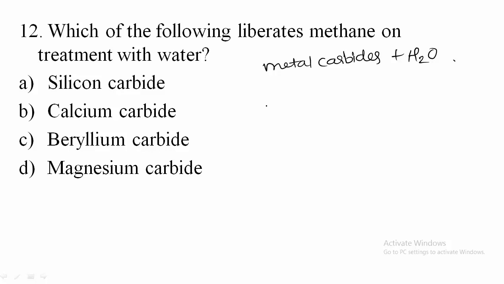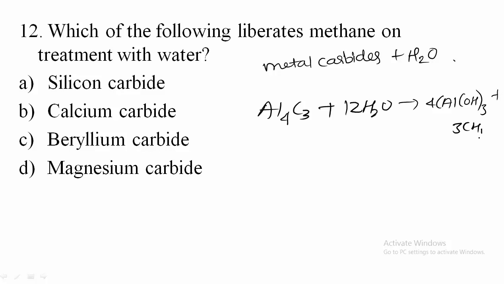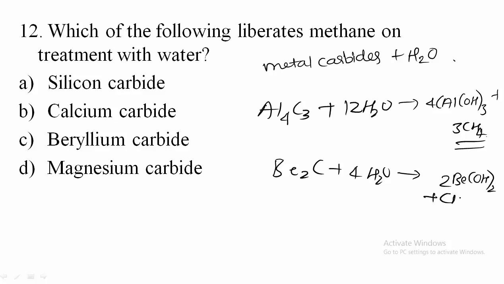So one is when aluminum carbide reacts with water, then it will form aluminum hydroxide along with CH4. Methane will be obtained. And another one is beryllium carbide. Upon hydrolysis, we will get beryllium hydroxide along with methane.